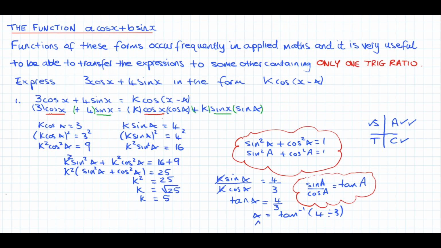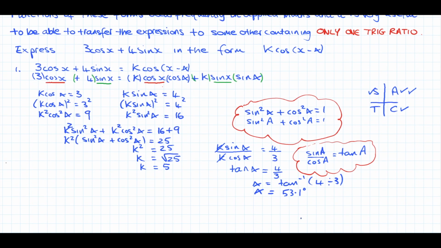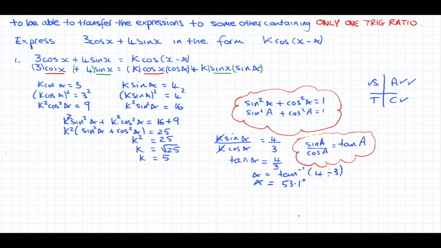So we have here, if you put that into your calculator, inverse tan of 4 divided by 3, you'll get alpha is equal to 53.1 degrees. So let's finish that off. We started by saying that 3 cos x plus 4 sin x was equal to k cos(x minus alpha).